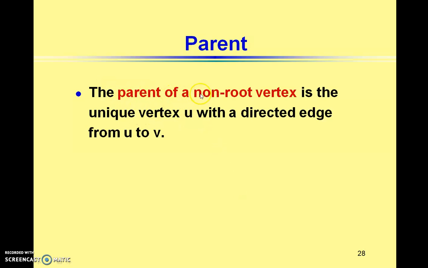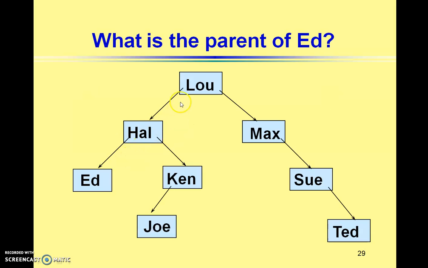The parent of a non-root vertex is the unique vertex U with a directed edge from U to V. That's a little confusing, a directed edge from U to V. So let's go back.